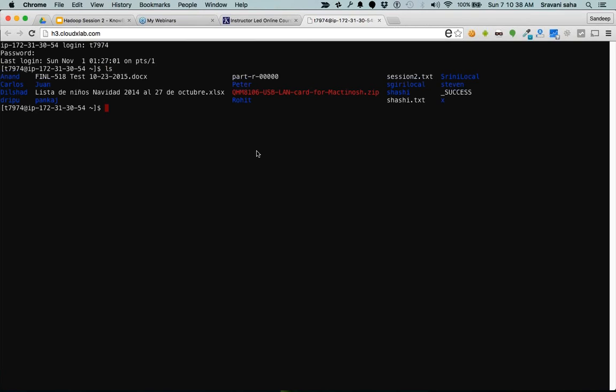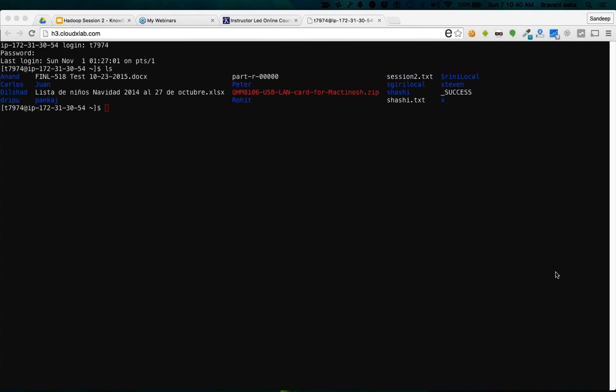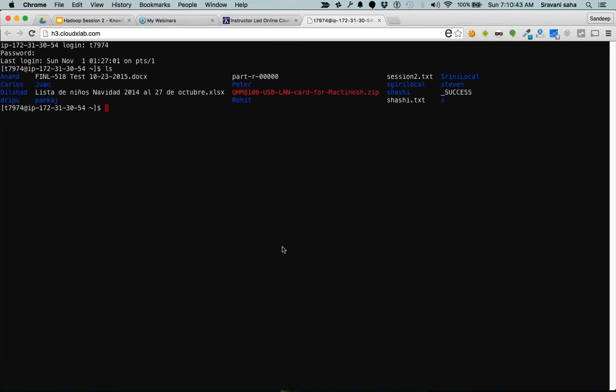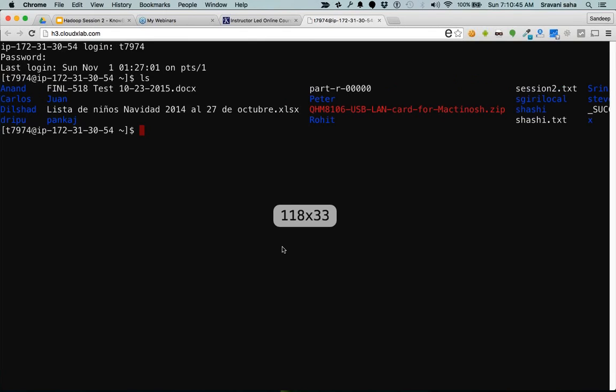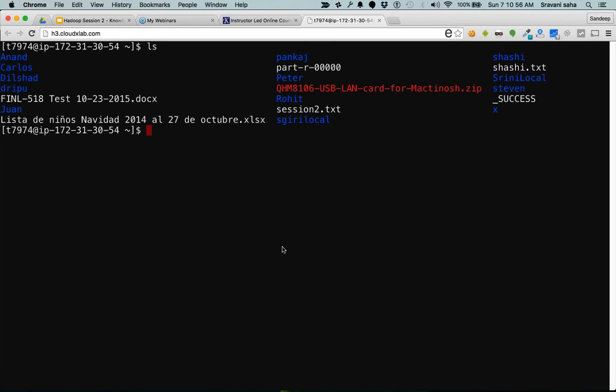All right. So here we are. Let me increase the font. So this is our command prompt. Here, when we type a command like ls, it gives some output. And ls can take some argument as input as well, like we say ls minus l.